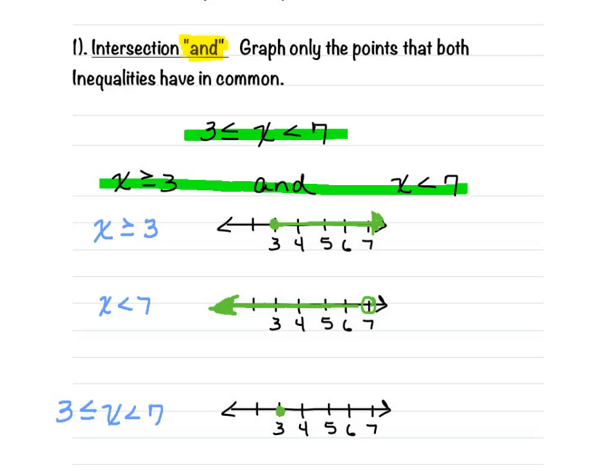So closed circle there, open circle there, and only those points in the middle are shaded in. What you have shaded is everything that is greater than or equal to 3 and also meets the criteria of x is less than 7. This is the first kind of compound inequality. Remember, a key word is "and."